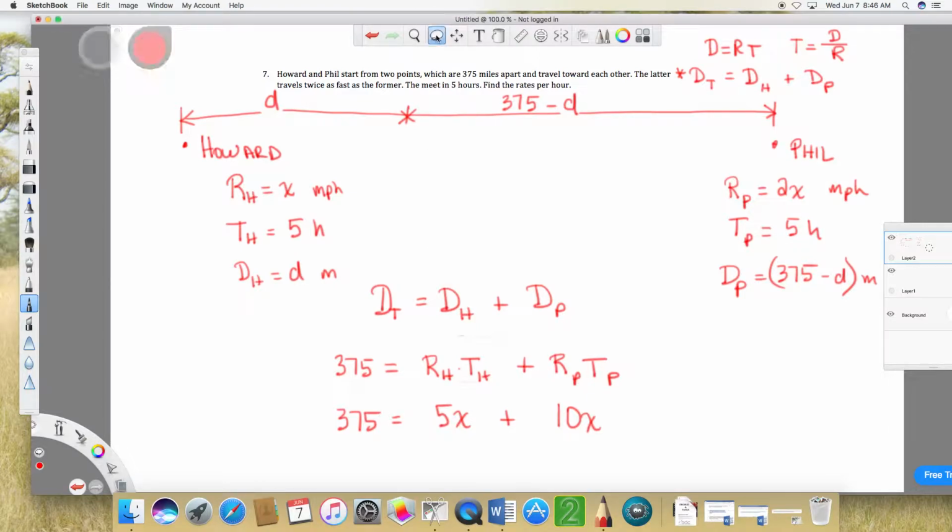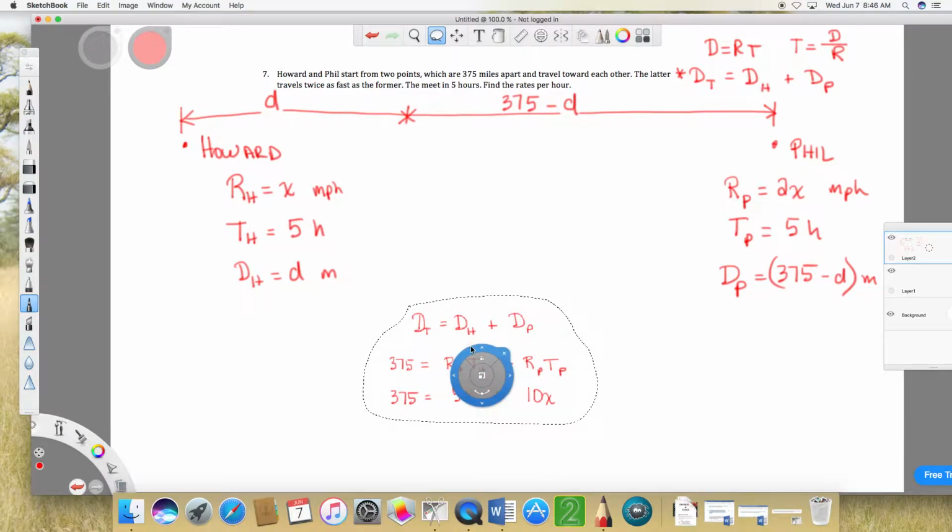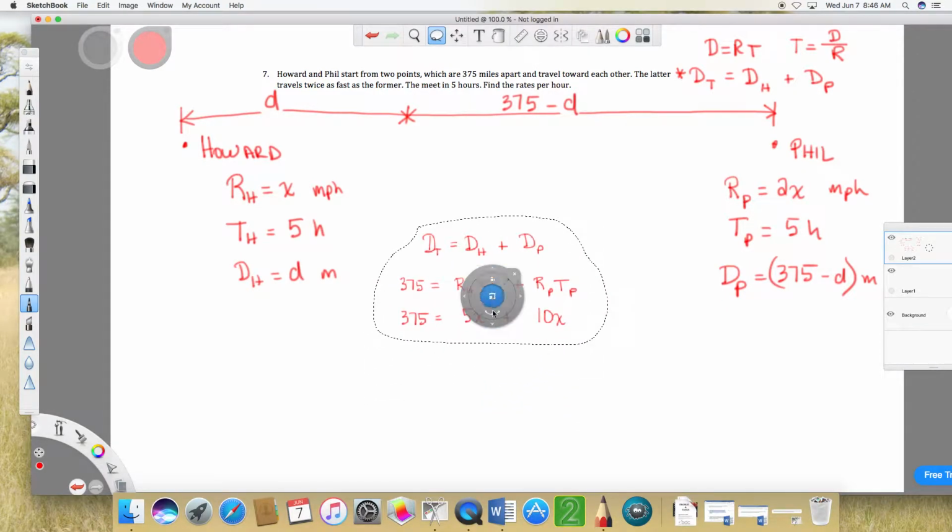All right, so I think this is going to do it for us, because it said find the rates. If we know x, then we know Howard's rate. If we double that, then we'll know Phil's rate. So I've got that 375 is equal to 15x, and x is 375 divided by 15, and what is that?